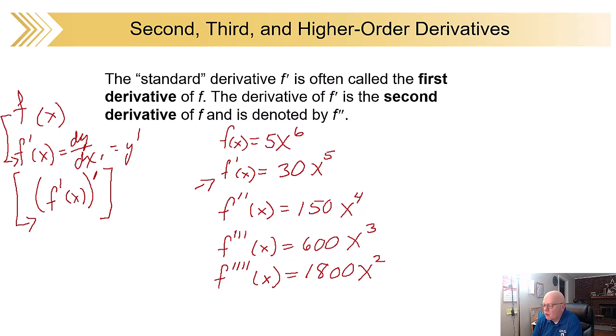So another way of writing this so we don't lose track of how many marks we've got is we can put a 4 up there in the superscript place, and that'll represent 4 of those apostrophes. In general, it would look like this. That's the nth derivative of x.